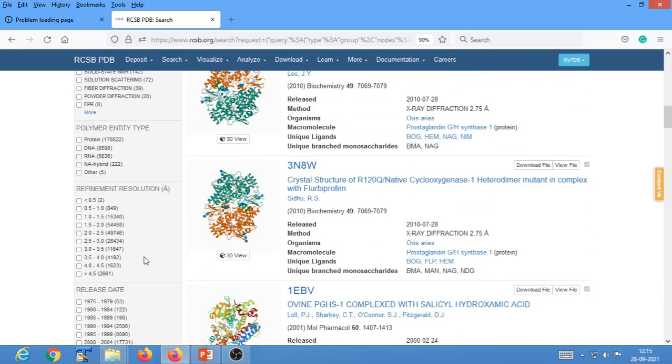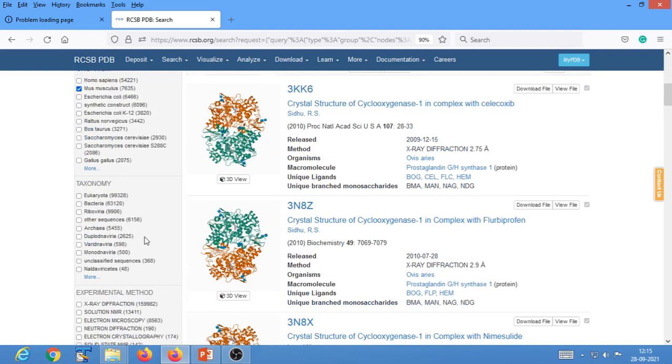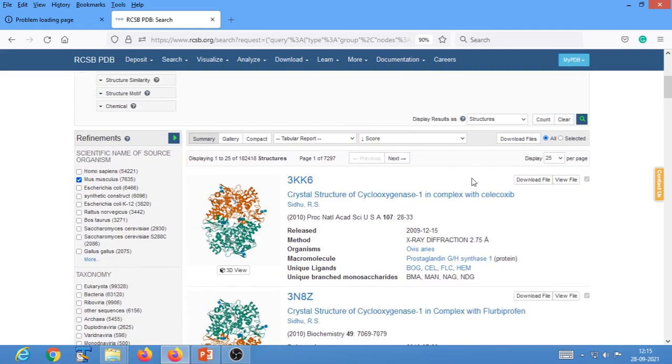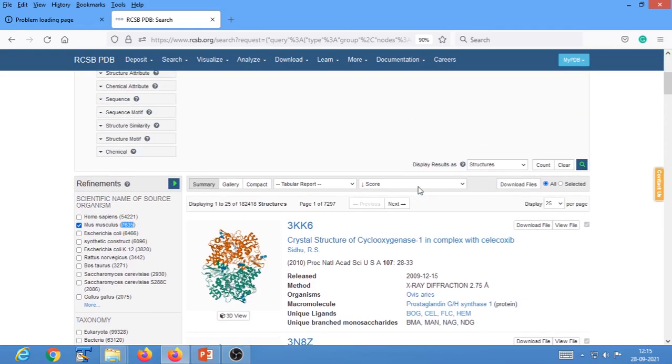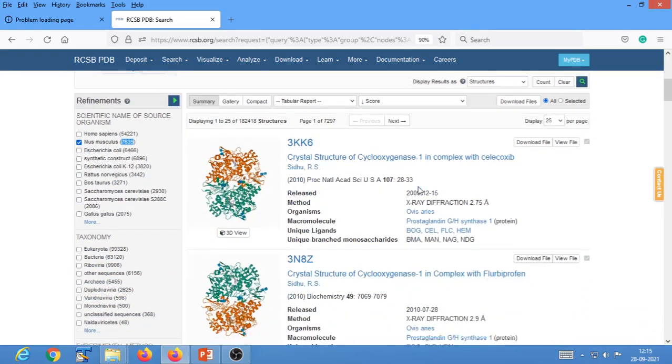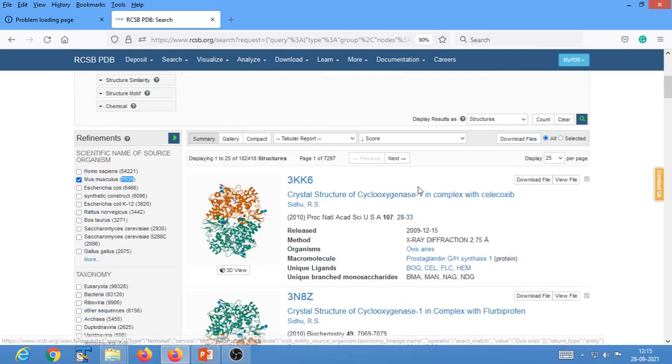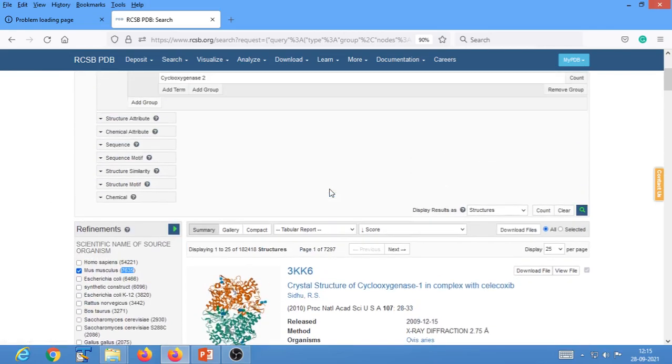You can also refine your search as per the resolution. You can see over here that there are 7635 for the scientific name of source organism Mus musculus.